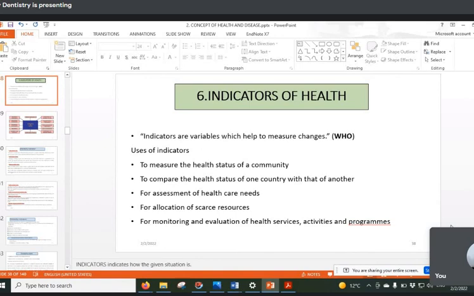Okay, so all of you are hearing me? Ashutosh, can you unmute yourself? Yes, ma'am.